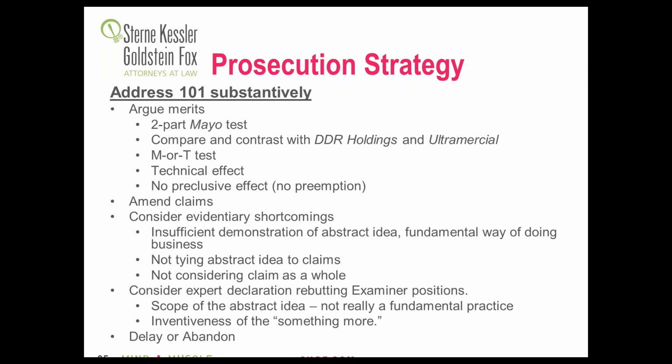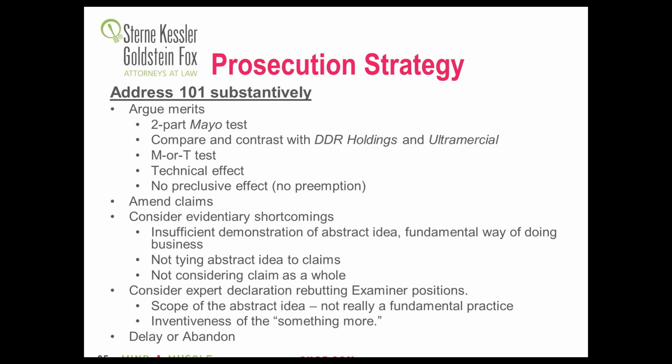And there is going to be the scenario sometimes where you have to delay or abandon the case. If you look at the claims and you go through the guidance and you really cannot make those substantive arguments, because maybe it really is a lot like the Alice claims or the Ultramercial claims, these are things you have to consider, and you may have to strategically abandon some cases.